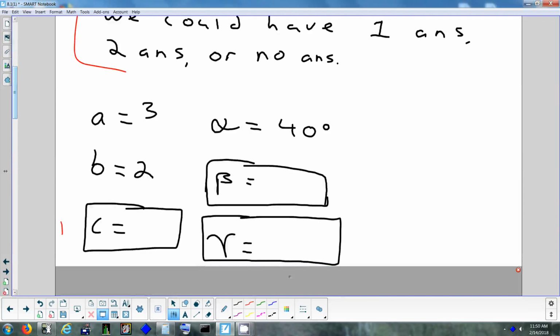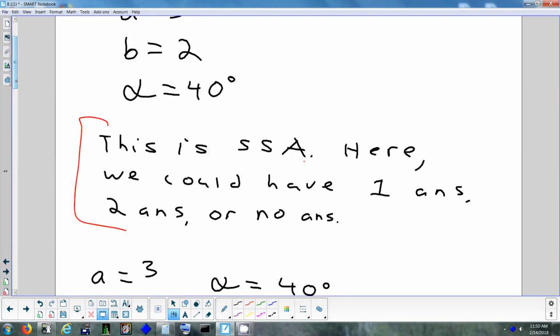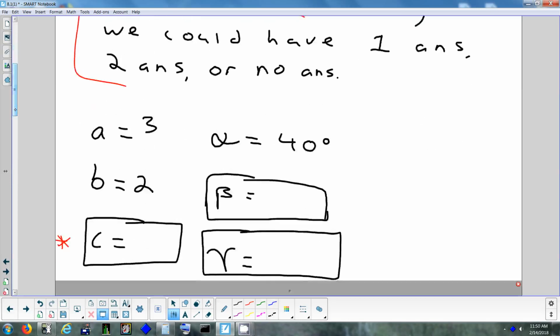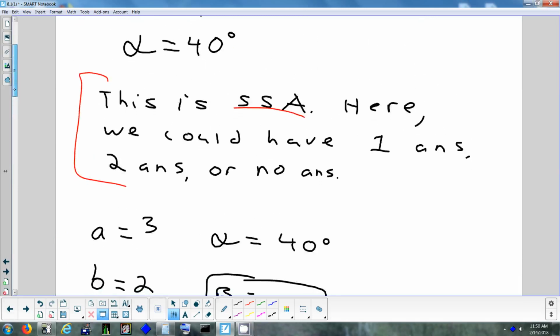The fact that I also have a row with nothing in it, and no way to find anything in that row, tells you it's the case that's side-side angle. Okay? If you look back at the last 2 problems, you always had a row, you never had an empty row, ever. Now we have a completely empty row. That's not the case we like to deal with, okay? Because we have to look at all this extra stuff and be careful.